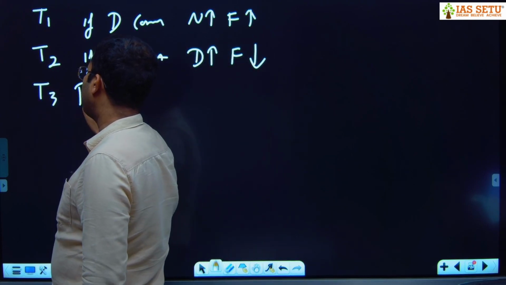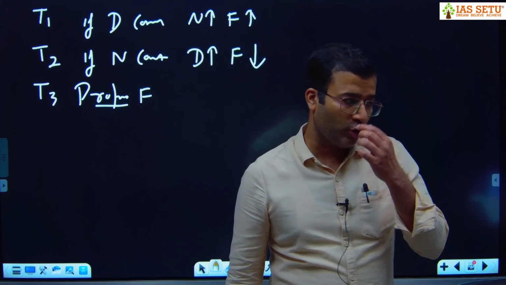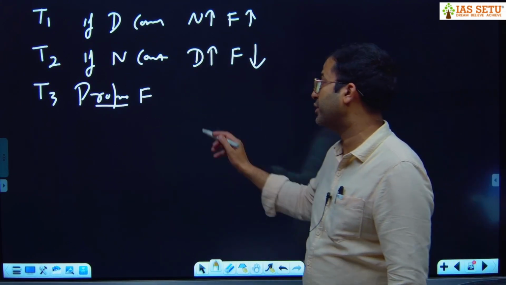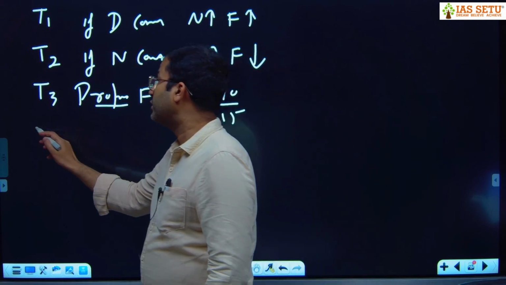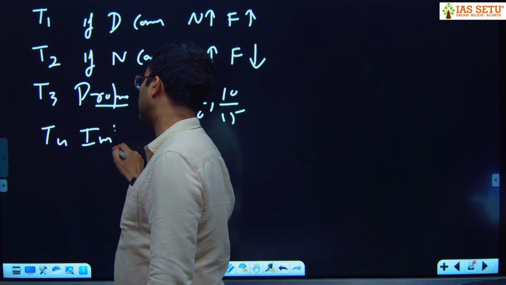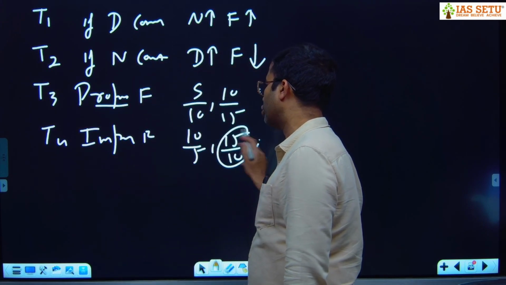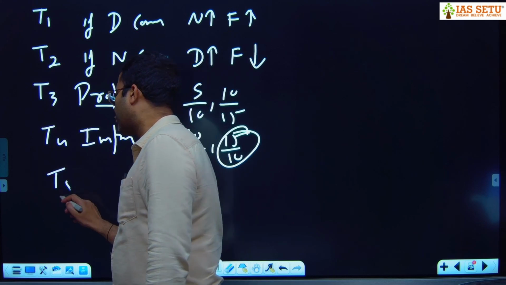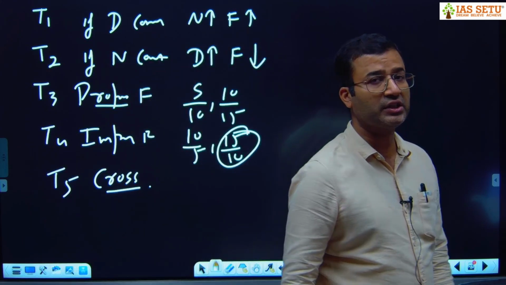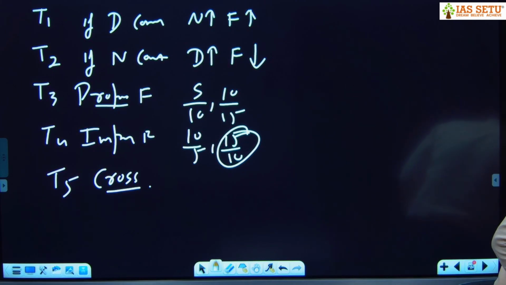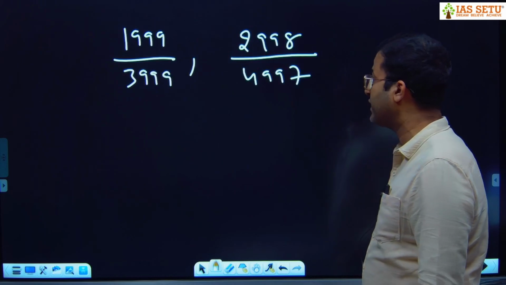Type 3 proper fraction के लिए applicable है, neither numerator nor denominator constant, but the difference between numerator and denominator constant, 5 by 10, 10 by 15. ये वाला question. Type 4 is improper fraction, 10 by 5, 15 by 10. इसमें जो बड़ा दिखता है उतना छोटा होता है. Type 5 cross multiplication, but that is applicable for only small fractions. For big fractions it is not comfortable. बड़े फ्रैक्शन में क्रॉस मल्टीप्लिकेशन हेल्प नहीं करेगा.